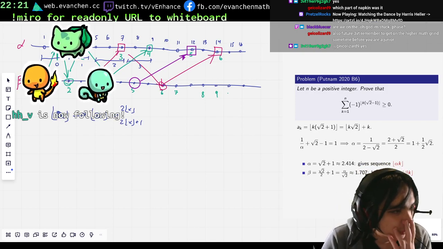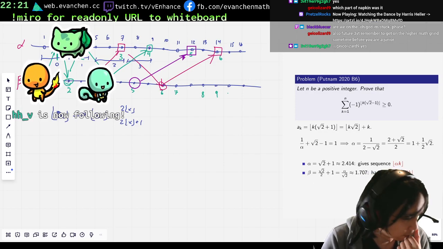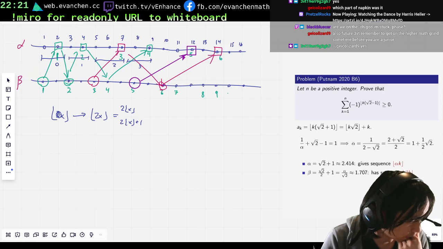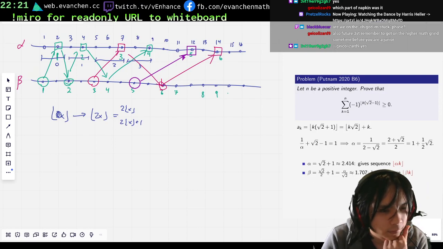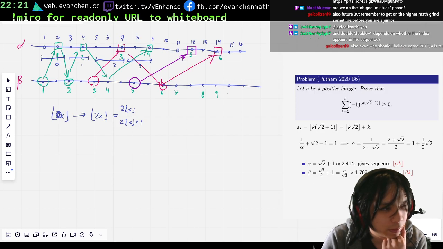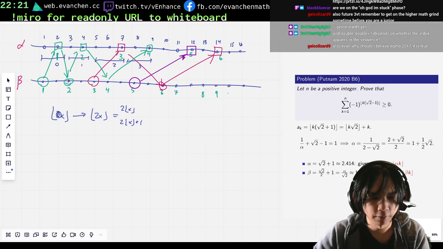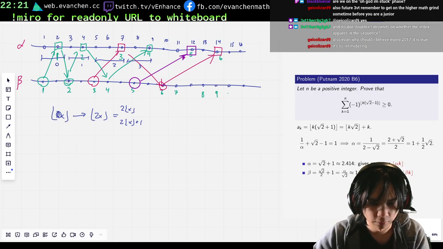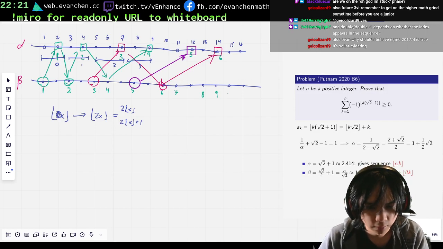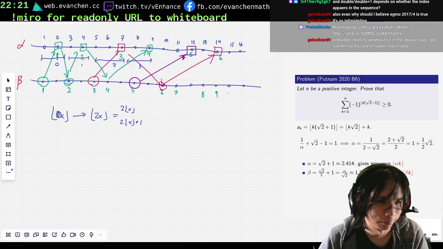Thank you, HH sub V. But it depends on whether the index appears in the sequence, yeah. Why should I believe EGMO 2017-4 is true? No, just do the problem.